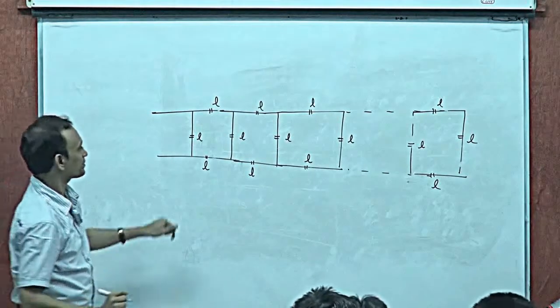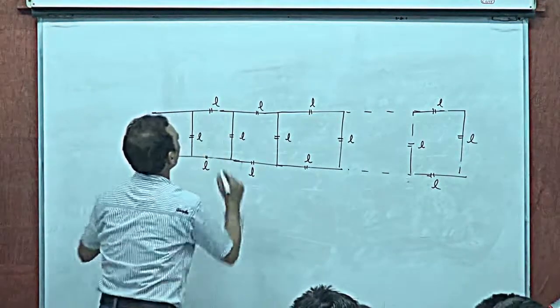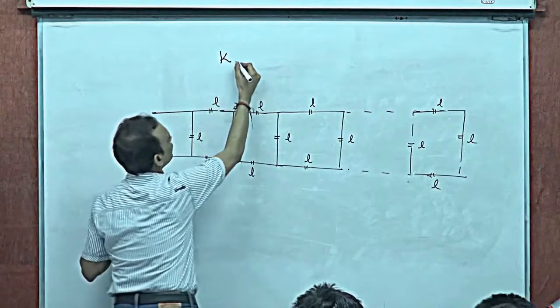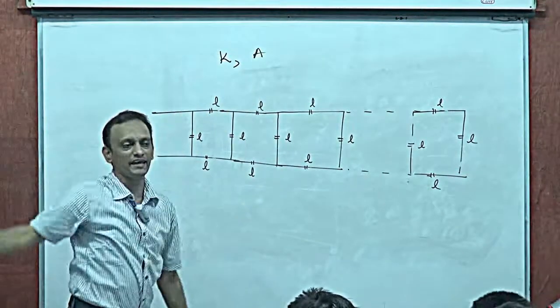These are various rods, length L, and let's say thermal conductivity K for each, and let's say area of cross section A for each.